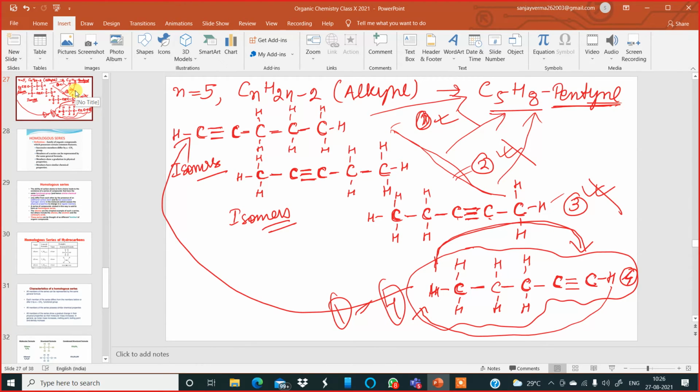These are all position isomers, three of them, because the position of the triple bond is changing. It is shifting from first, second carbon to second, third carbon to third and fourth carbon. If you go for higher alkynes, then there is some possibility of exhibiting chain isomers as well. Now look at the next slide.